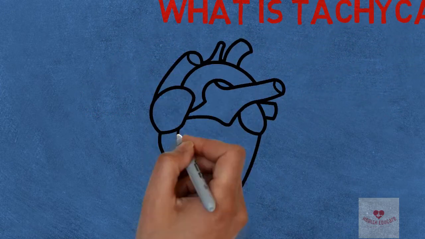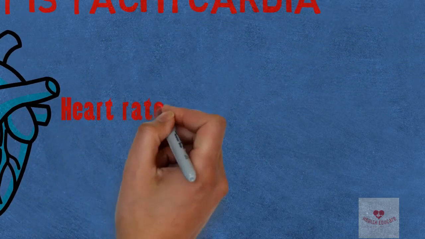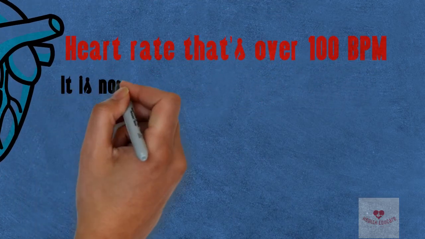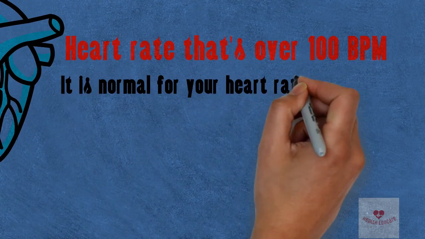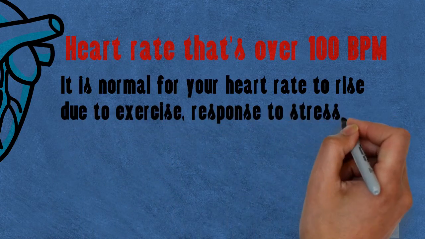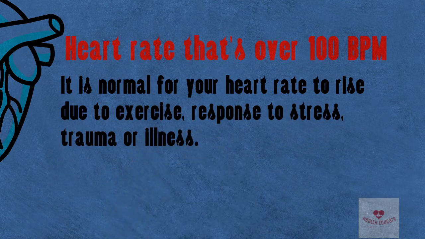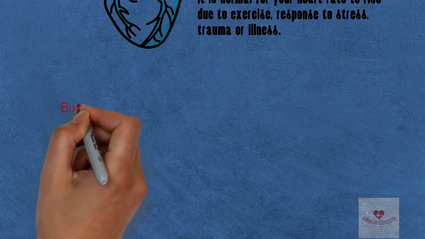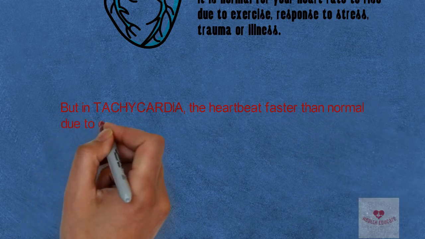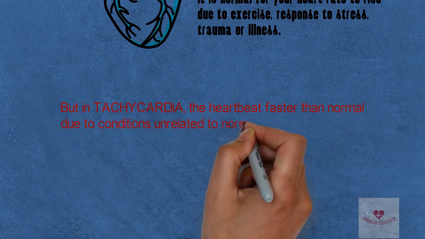What is tachycardia? Tachycardia is a heart rate that beats over 100 times per minute. Sometimes, it's normal for you to have a fast heartbeat. For instance, it's normal for your heart rate to rise during exercise or as a response to stress, trauma or illness. But in tachycardia, the heart beats faster than normal due to conditions unrelated to normal physiological stress.